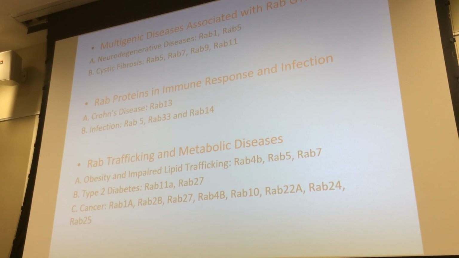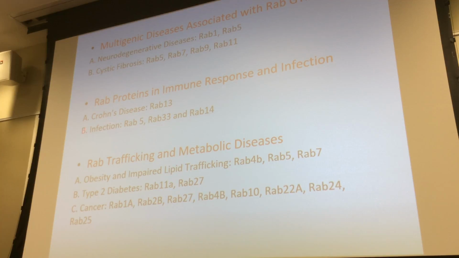So, some things that might be important to know, RAB proteins in the immune response and infection. So there's RAB13 that, when it's dysfunctional, tends to be associated with Crohn's disease. Dysfunctional RAB5 can disrupt interactions that are important in the immune response.